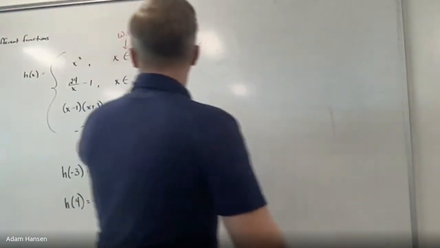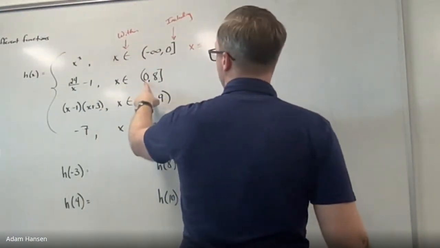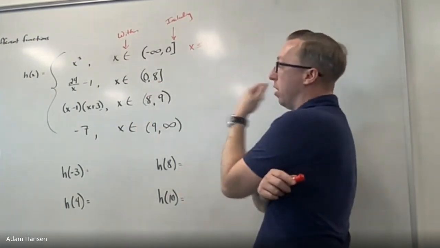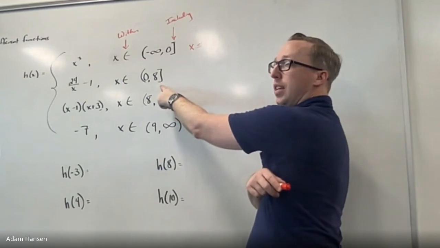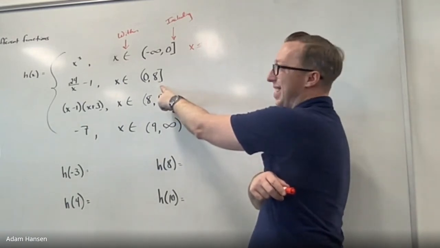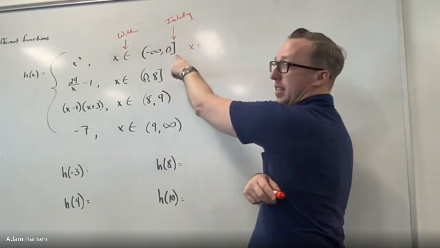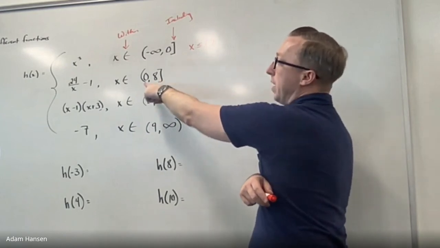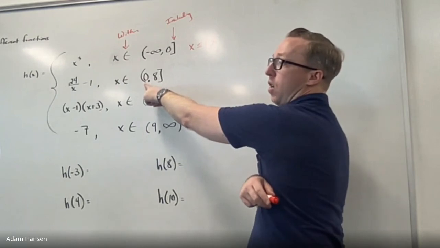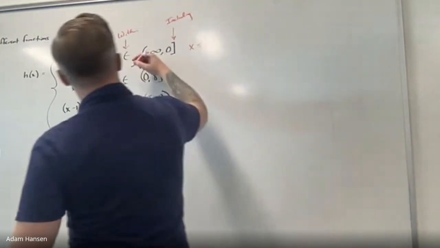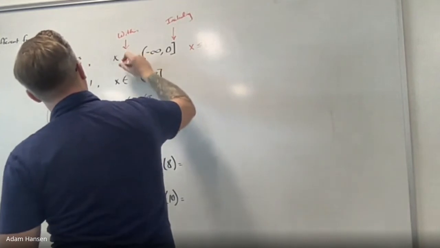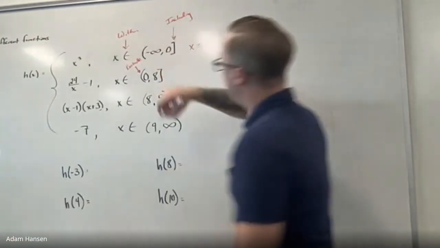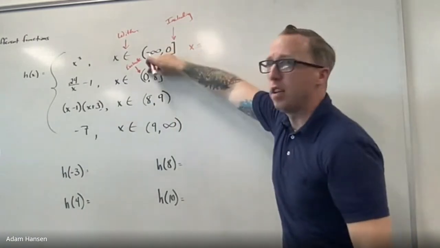For example, on the next one, x is within 0 to 8. That's all the numbers between 0 and 8. Would I include the 8 in that interval? Does 8 have a bracket just like the 0 did up above? So it's including 8. What is different is that the parenthesis is on the 0 on the left endpoint. This means excluding. Which should make sense. If I included 0 up here, I can't include it down below.